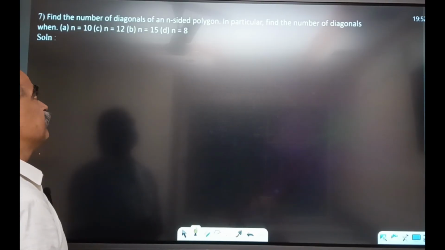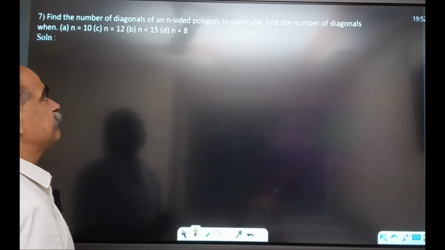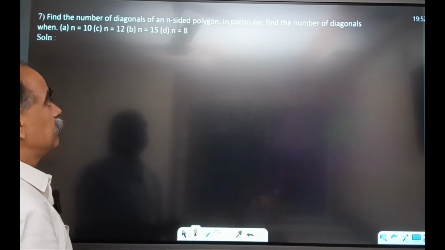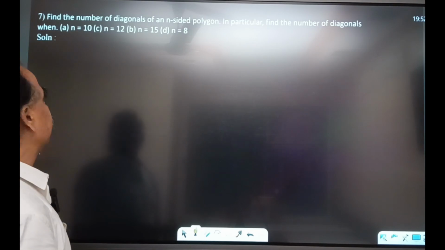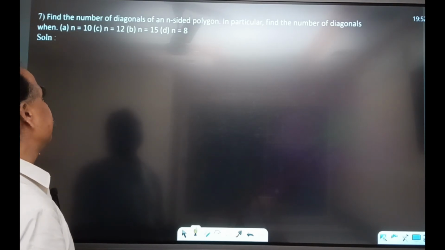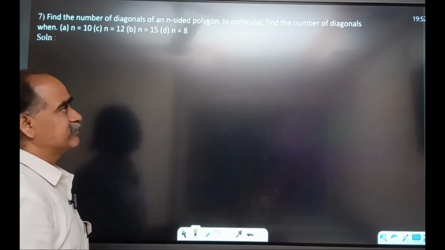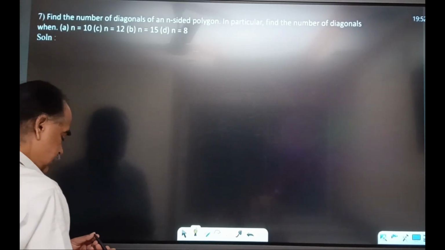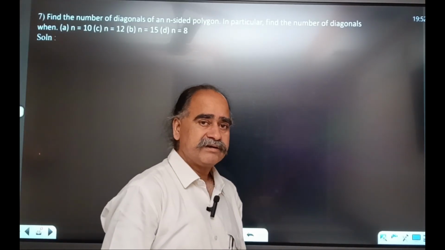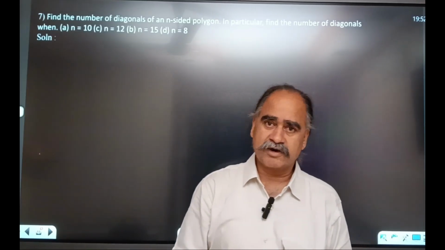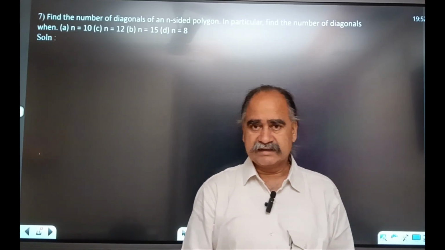Find the number of diagonals of an n-sided polygon. In particular, find the number of diagonals when n is 10, 12, 15, and 8. For this I have a formula.